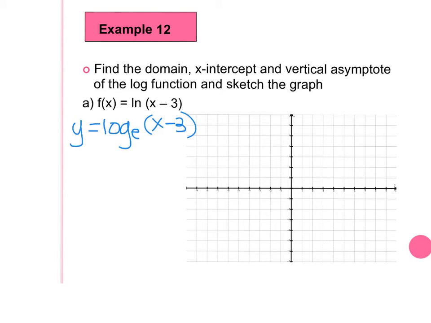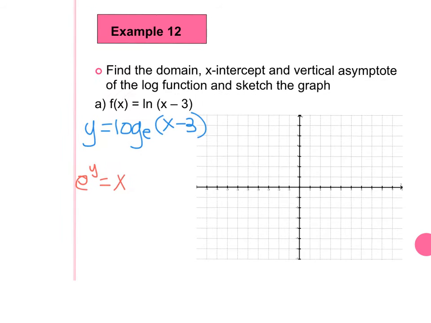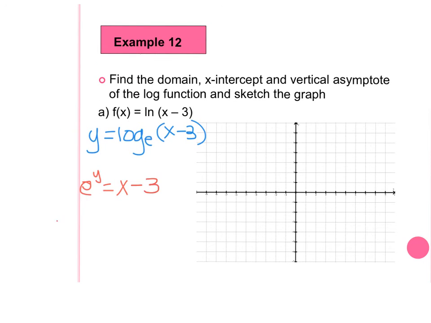It follows the log because it's still a log. It's just that your base is 2.72. That's all. So now it becomes e to the y equals x minus 3, e to the y plus 3 equals x.